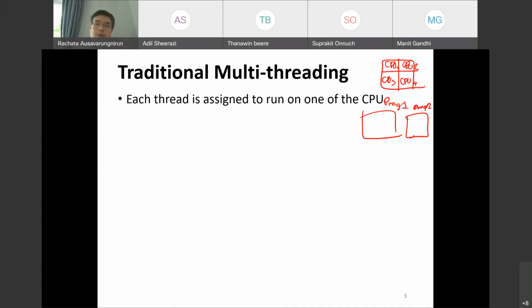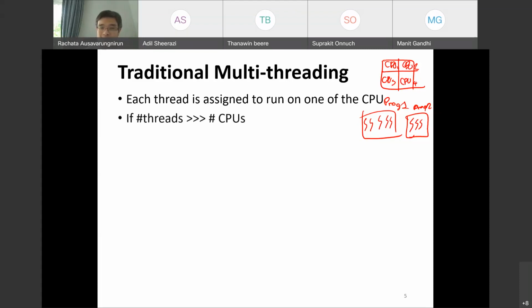When you run Google Chrome, many of those spawn new threads. So let's say program 1 has 5 threads. Each of these lines is a thread, and program 2 has 3 threads here, right? Basically, it means that your program potentially can run 5 things at the same time for program 1 across all the 5 threads, right?